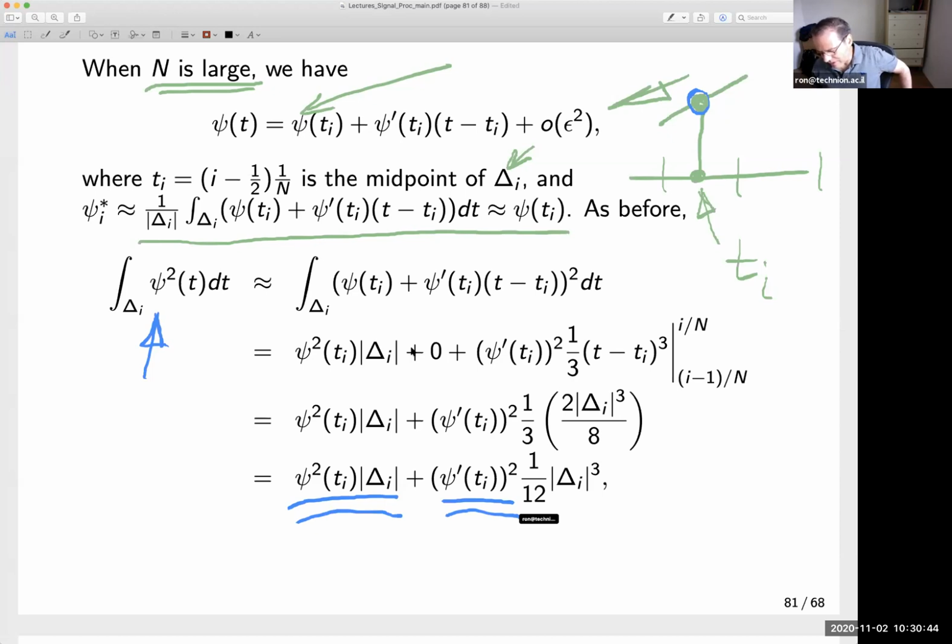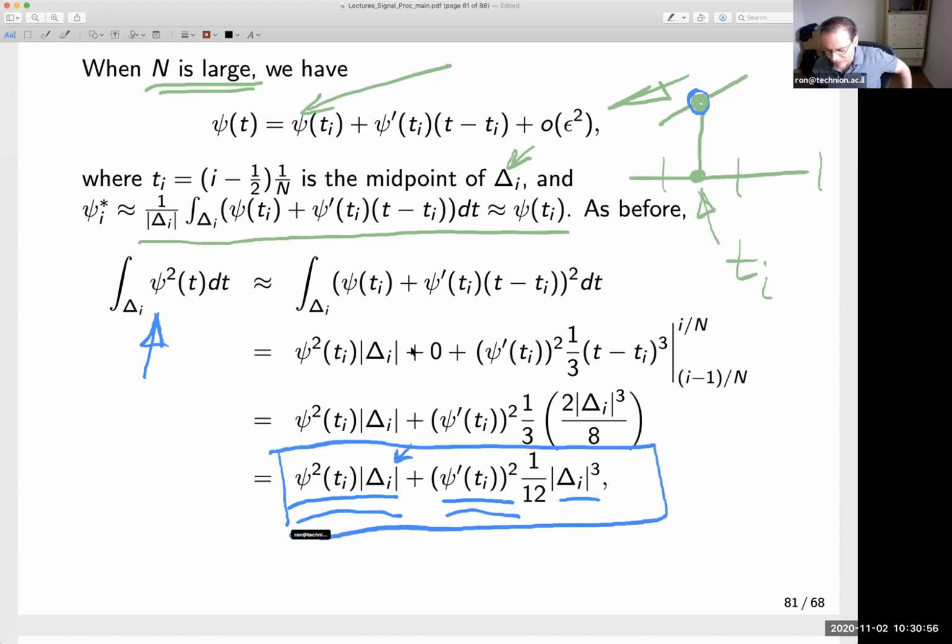And here I have the interval to the cubic power, and here I have the interval itself. So this is how the energy would look, the integration over the square of the function inside this interval when I'm using a linear approximation for this function.